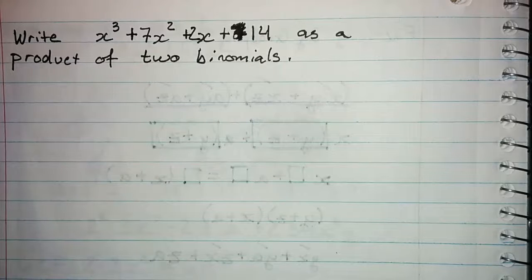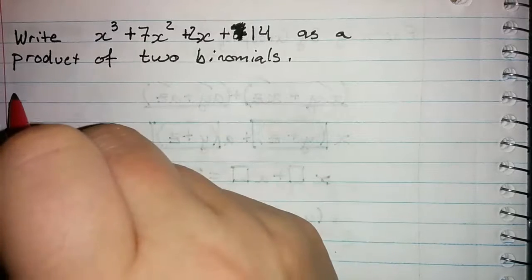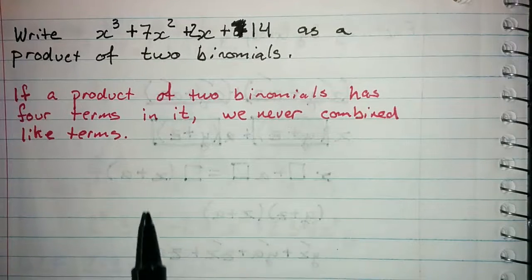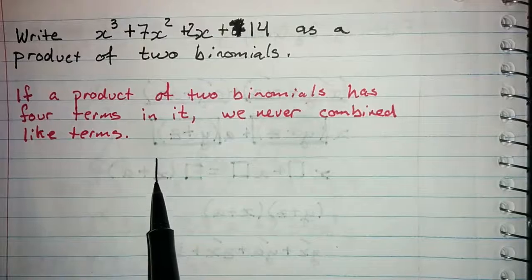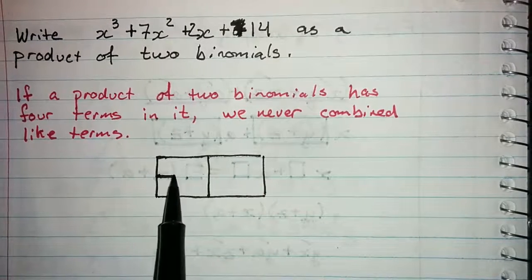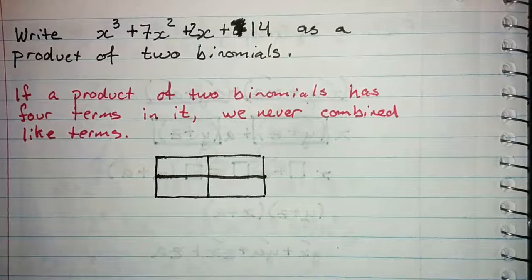Well, the thing that we realize is if a product of two binomials has four terms in it, we never combined like terms. Why? Because there are only four pairs of terms from two binomials. That means that when we multiplied our two binomials, one of these four terms was in each box.